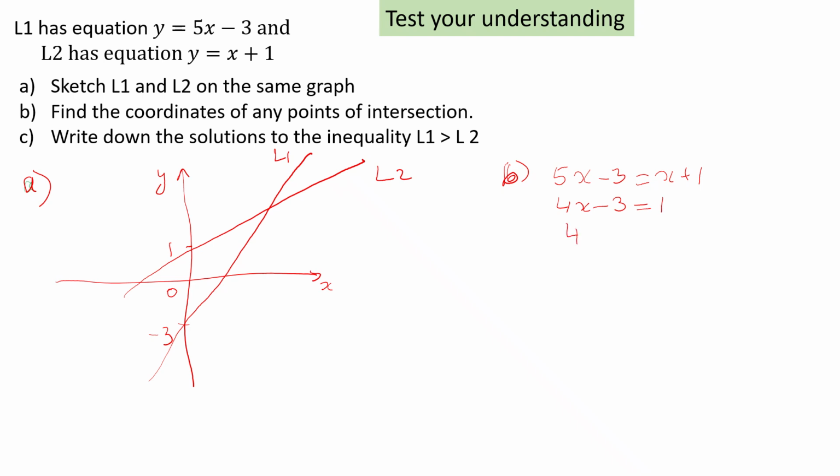Add 3 to both sides, 4x equals 4, so x equals 1. Go back to any of the equations and find the y value. I'm going to use the second equation, x plus 1. So 1 plus 1 is 2. So the coordinates are 1, 2.